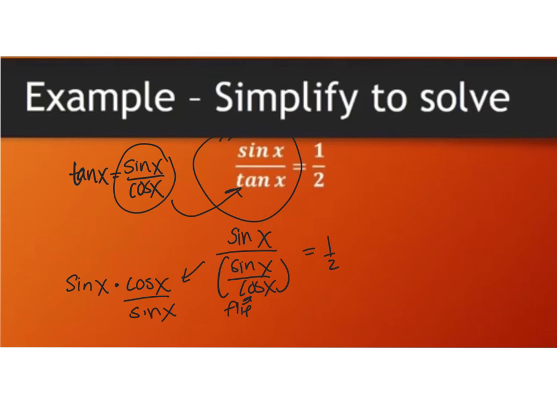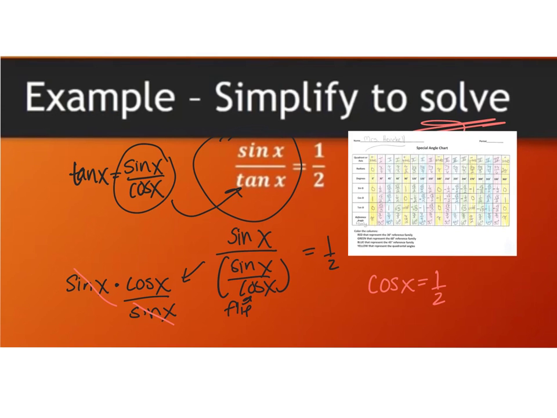Since I have sine of x in the numerator and sine of x in the denominator, I can cancel those out, leaving me with cosine of x. So then I have cosine of x equals 1/2, and this is a number that's in our chart, so now we can look at our chart to solve the problem.